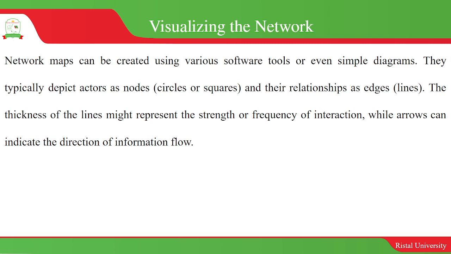So you can use computer programs to make the network maps for you, where you have the different actors illustrated as nodes, circles or squares, and the lines showing how they relate with one another are what we call the edges.